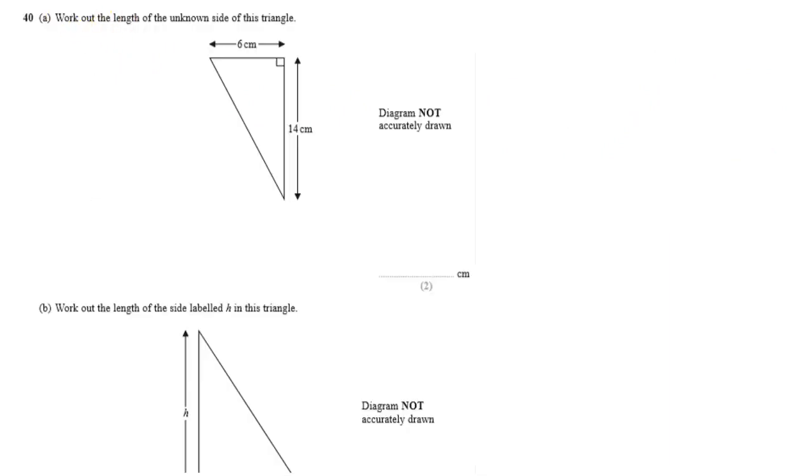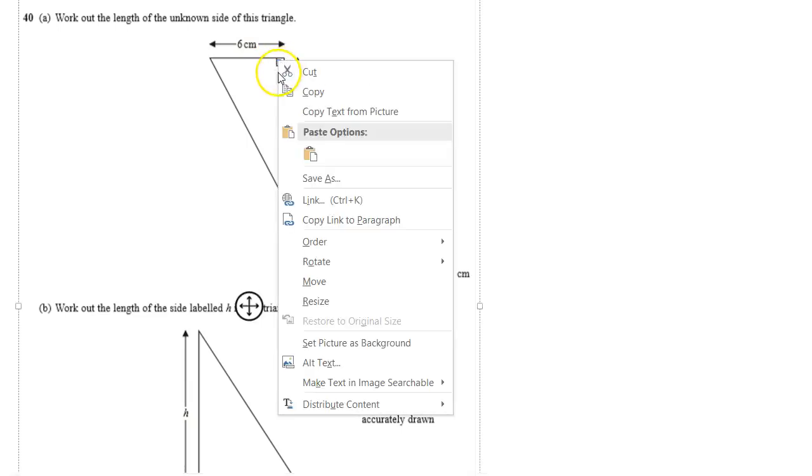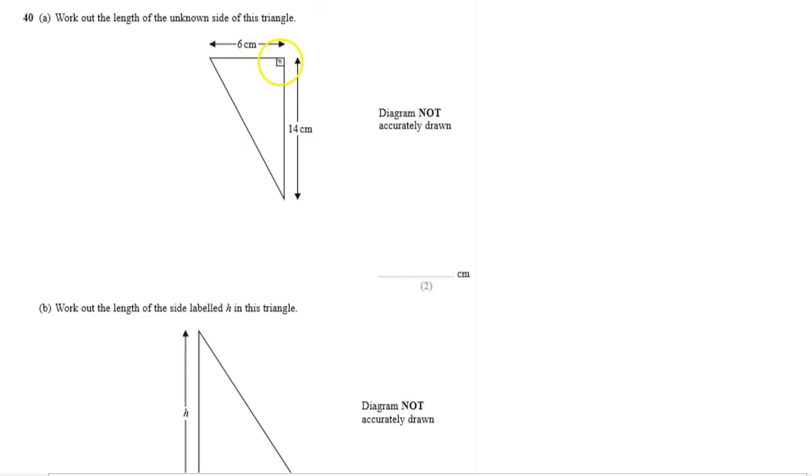Work out the length of the unknown side. I told you in earlier examples, when this L or square is there where two lines meet, it means the lines are perpendicular. So this is 90 degrees. It means this is a right angle triangle, and in a right angle triangle, the side opposite to this angle is always the bigger side.